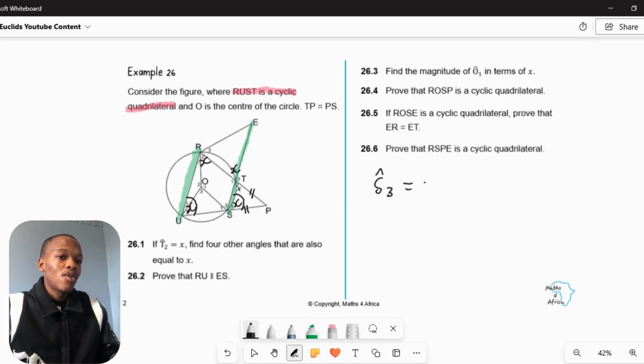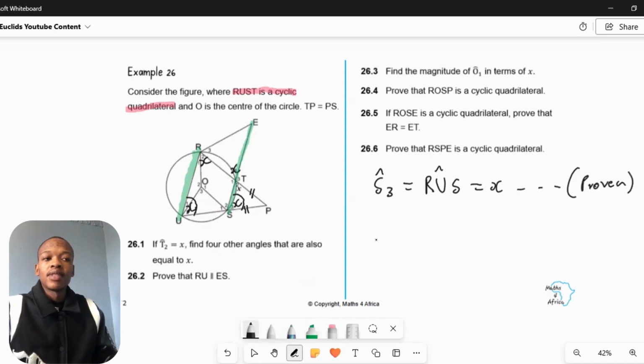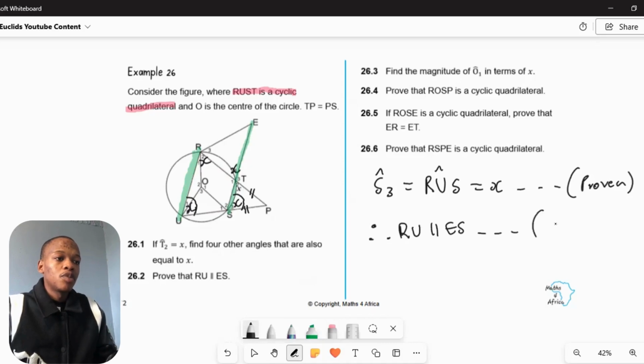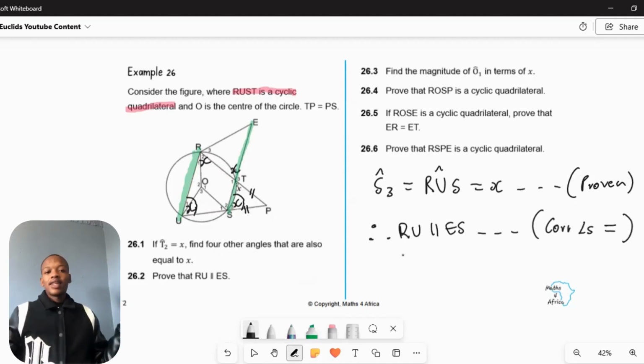Angle S3 is equal to angle RUS, and they are equal to X. It's proven. So that means, therefore, RU is parallel to ES. How come? It's because of corresponding angles being equal.